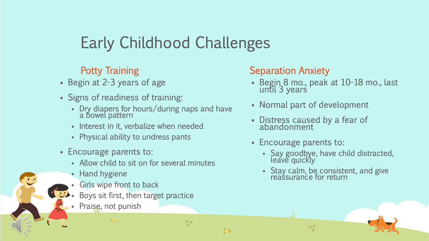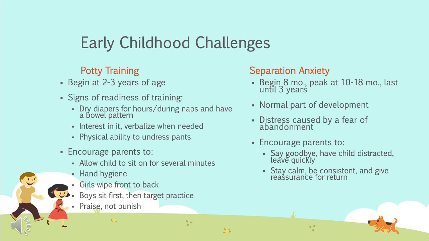And at first, boys are going to sit to urinate, and then later they can stand, and usually they'll start doing target practice to get them to go to the bathroom standing up for urine. And then also you want to encourage parents to praise good behavior or good potty moments and not punish them when they have accidents. So that's a key guidance for parents.